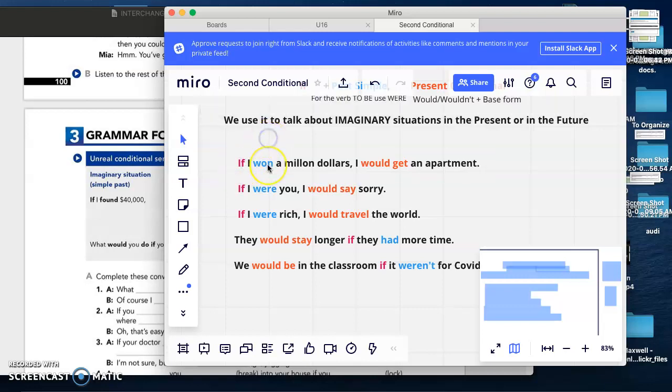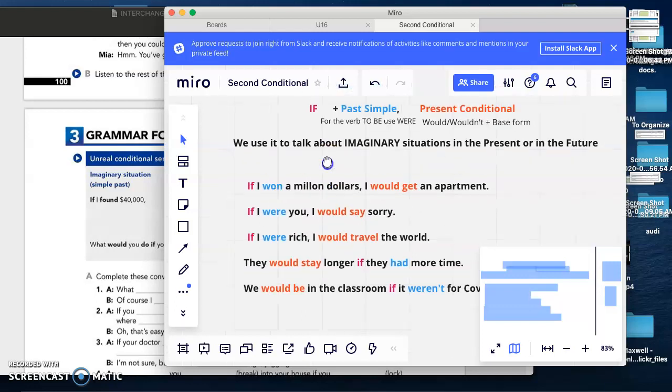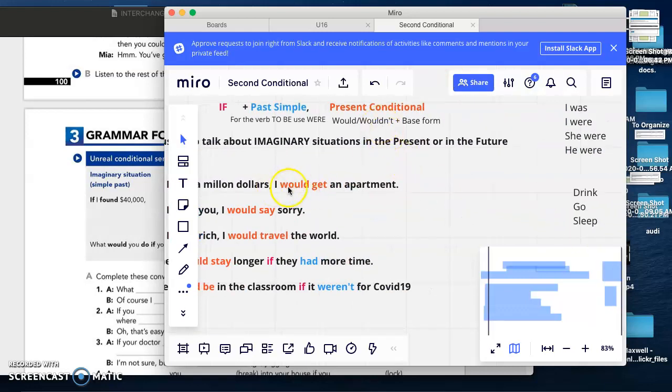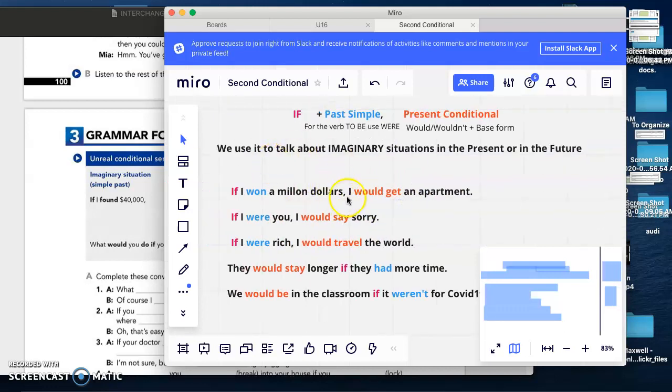If I won, which is past simple, if I won $1 million, I would get, present conditional, because it's would plus the base form of the verb. So if I won $1 million, I would get an apartment.